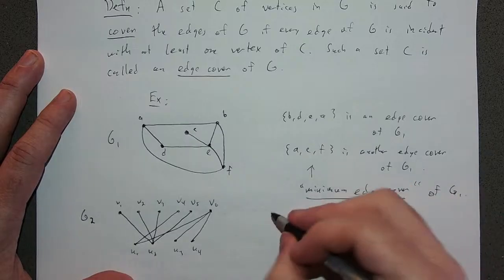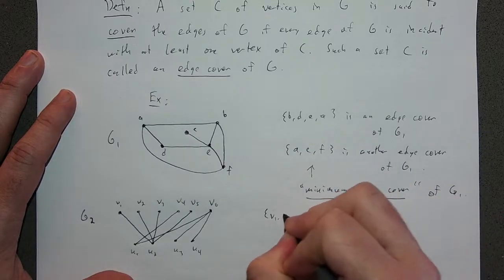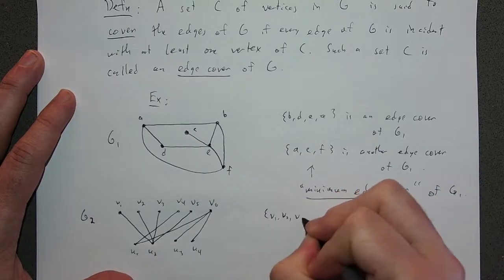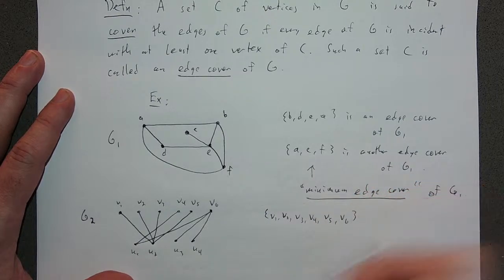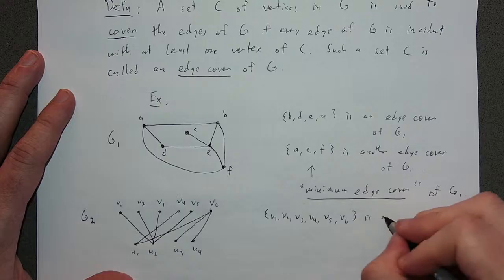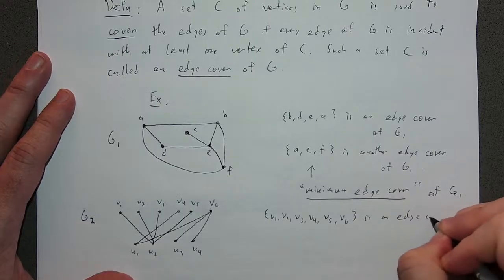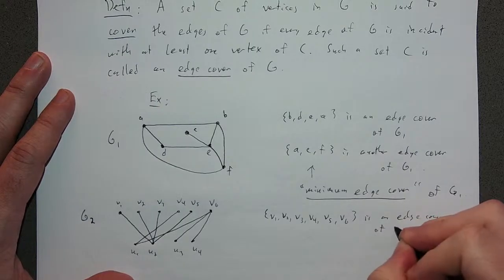So V1, V2, V3, V4, V5, and V6 is an edge cover of G2.